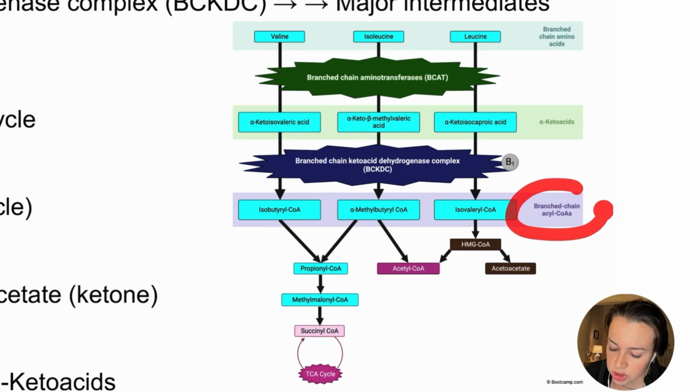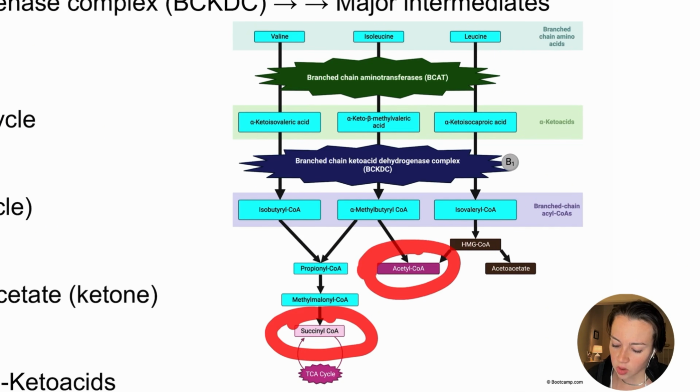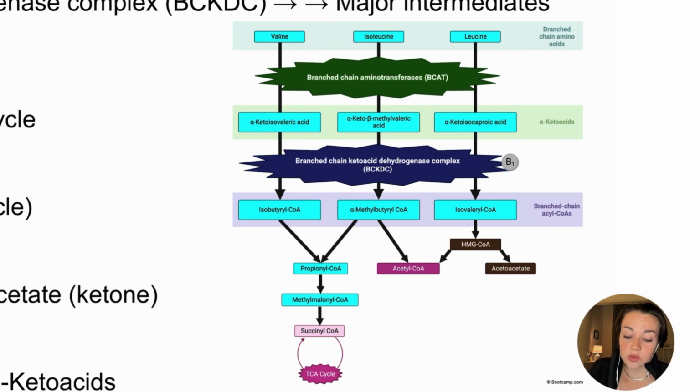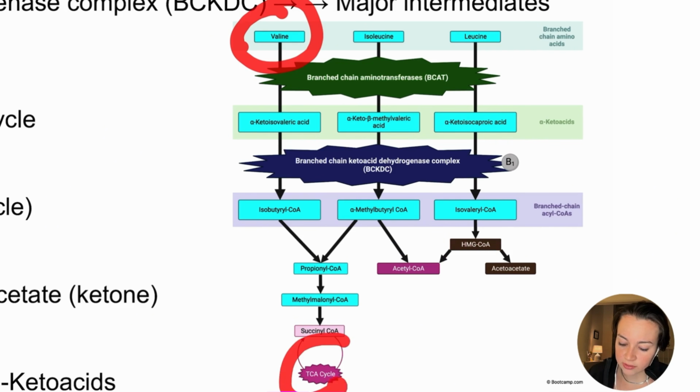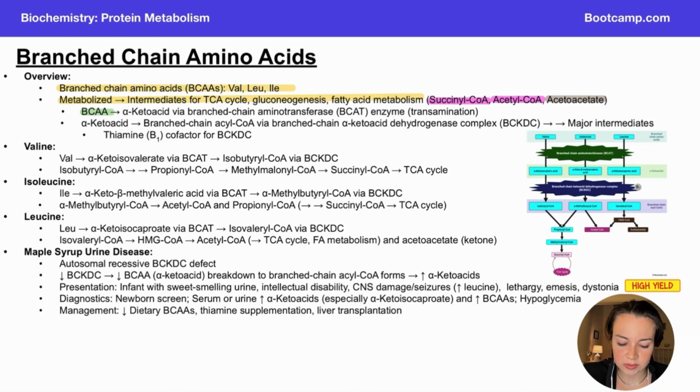Each of those branched chain acyl-CoAs has its own end products that it can turn into: succinyl-CoA, acetyl-CoA, and acetoacetate. Not every BCAA can make every one of these end products. Each one makes a different combination of them, but that's the general pattern. So our BCAA is first metabolized into the alpha keto acid via BCAT, a transamination reaction.